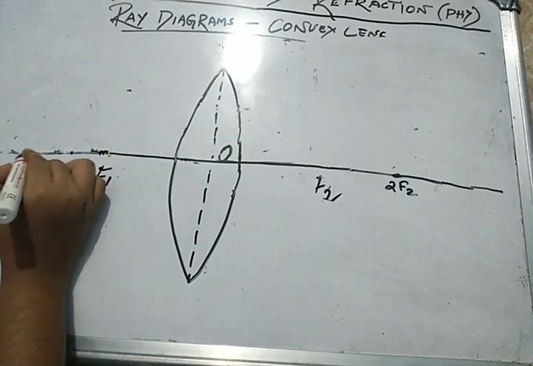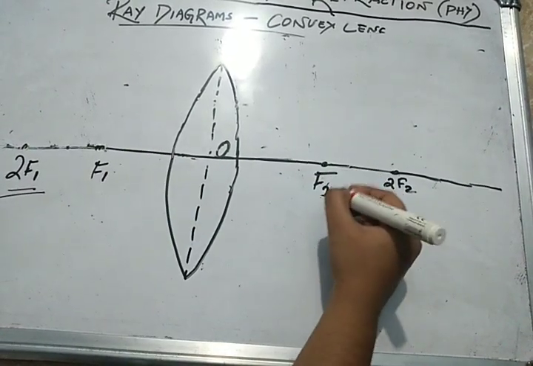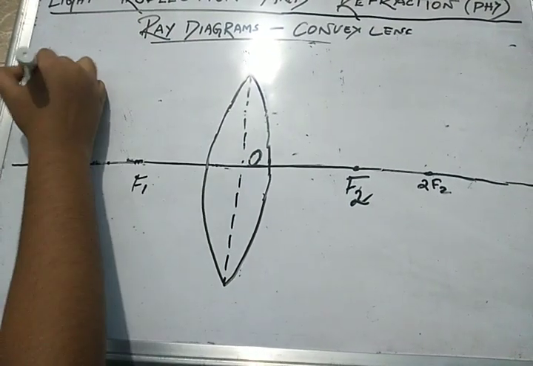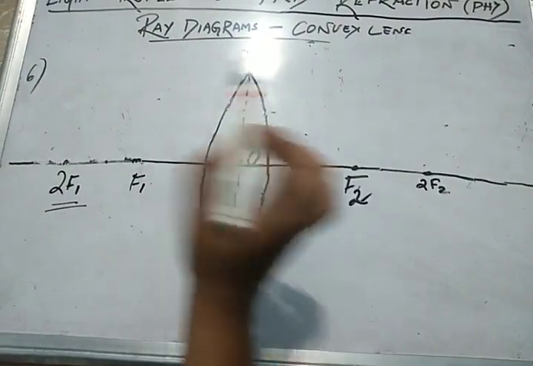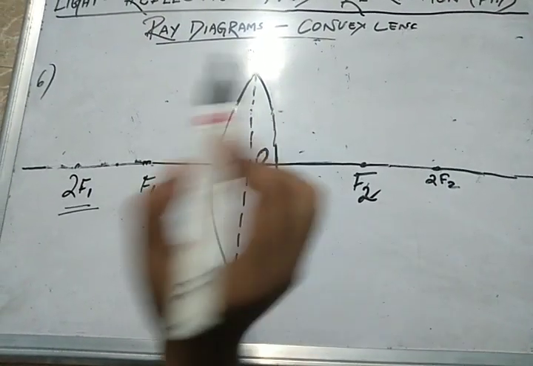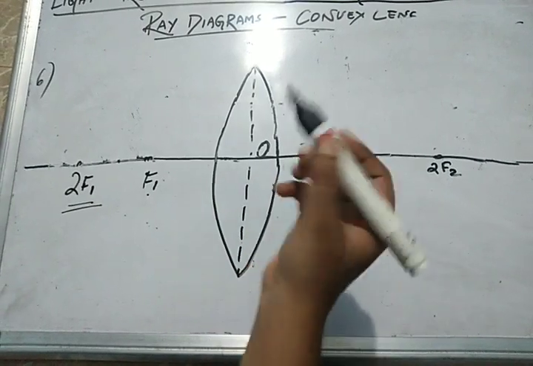In our previous ray diagram, where was our object? It was at F1. Now we'll be bringing it even closer, which means it is between F1 and the optical center.